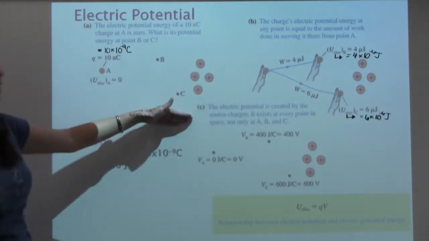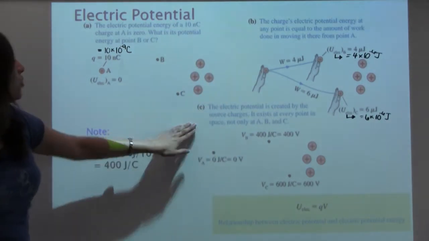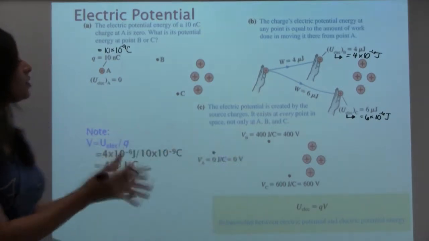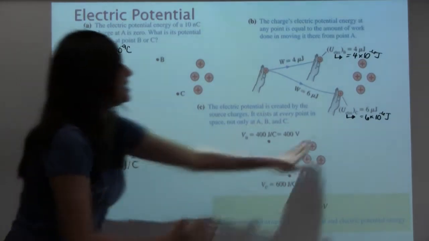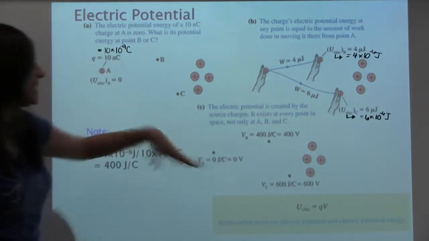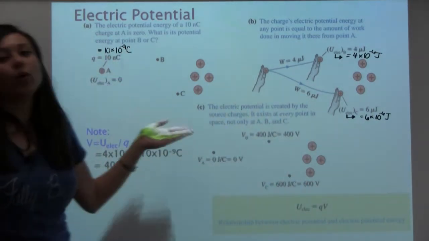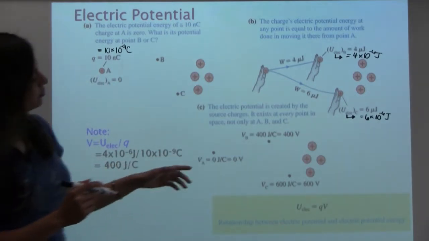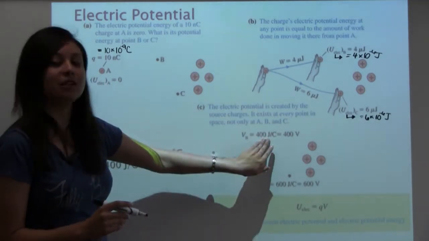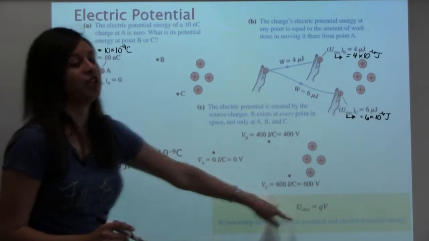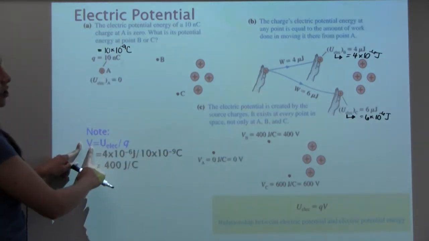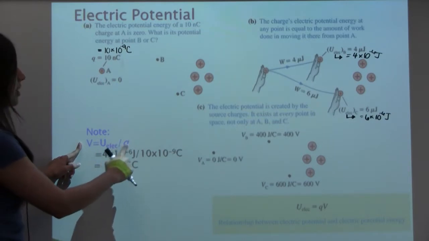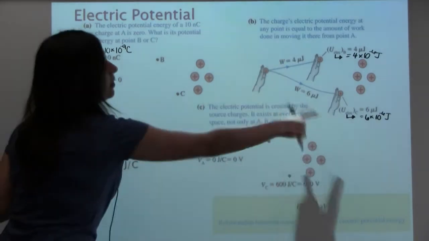Now for part C, we're solving for the electric potential, because electric potential is created by these source charges. So it exists at every point, not only A, B, and C, and you need to remember that. Basically, how they got these numbers is by rearranging this equation. The electric potential is equal to the electric potential energy divided by the charge, and we already solved for that.